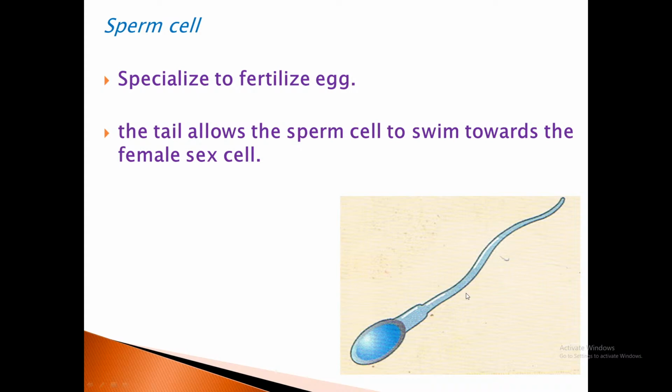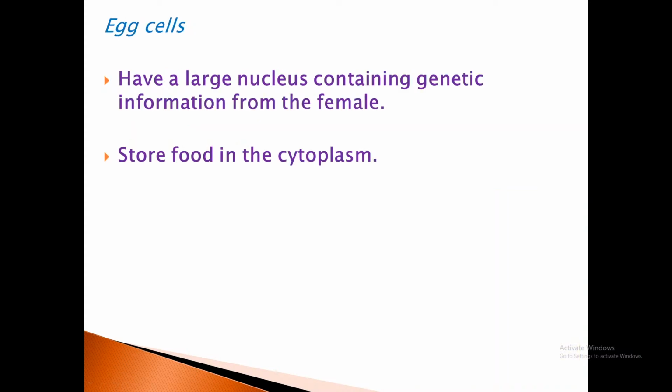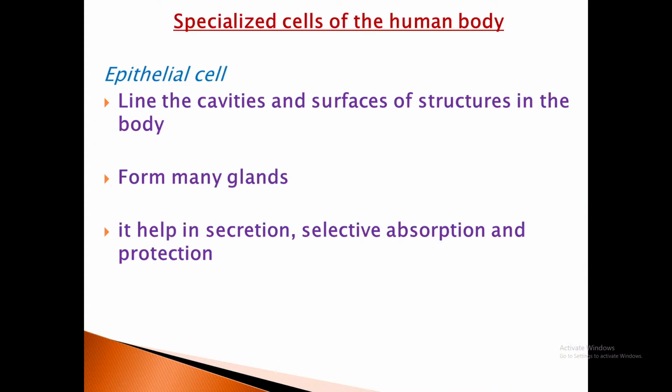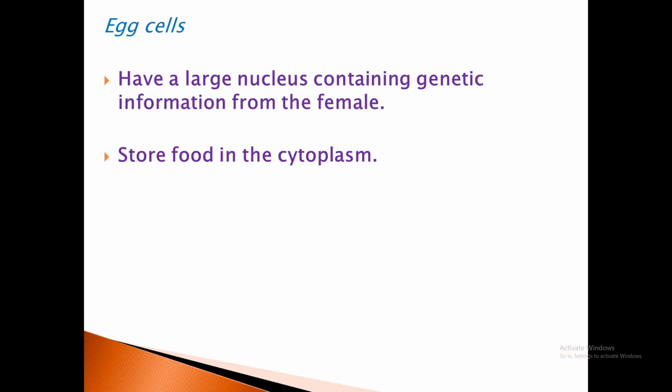As you can see, it comes with this section that is known as the tail. So the tail is what allows it to move along the female reproductive system, after ejaculation, so that it can move towards the egg in the female body to fertilize it.